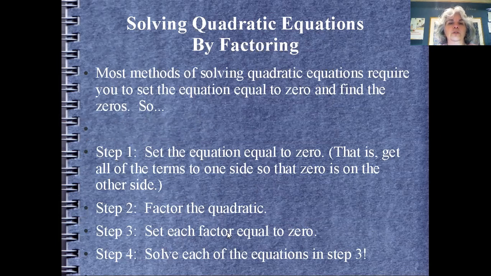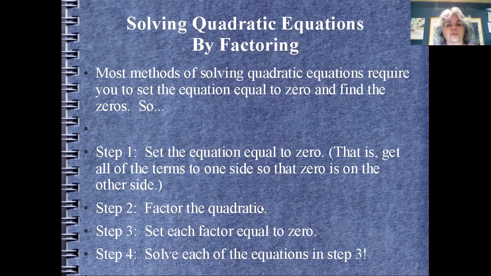Most methods of solving quadratic equations require you to set the equation equal to 0 and then find the zeros. This was true of the graphing method. If you remember, we had to get everything to one side, graph it, and look for the zeros, or those x-intercepts, which are also called zeros. So this method is kind of similar. We're going to set the equation equal to 0, which just means get every term to one side so that you have 0 on the other side.